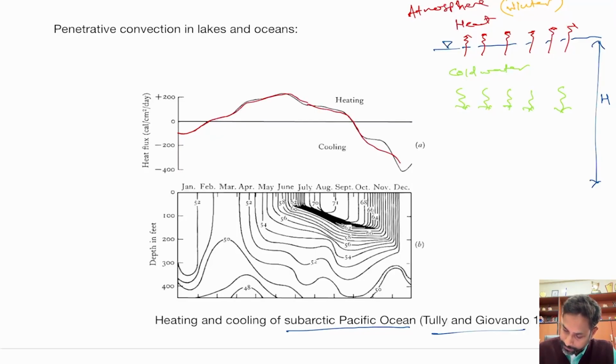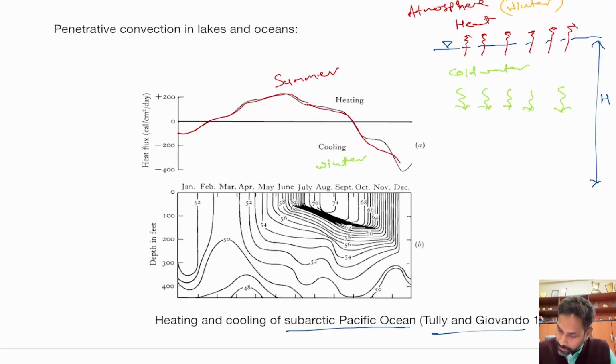So during the winter time you have heat flux going out from the water to the atmosphere, whereas during summertime heat is coming into the water, right? So this probably is summertime when water is getting heated up, and this is during the winter time. So because of this atmospheric summer heating and cooling of the ocean water, the temperature of the ocean itself goes up and down, right?